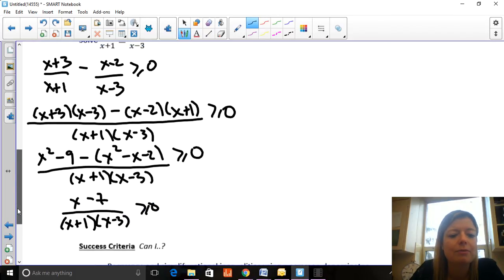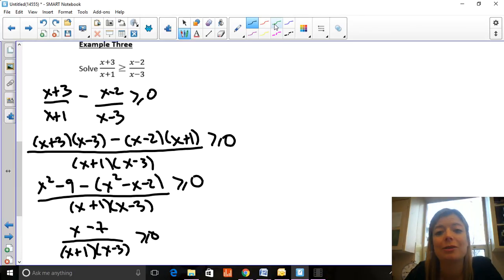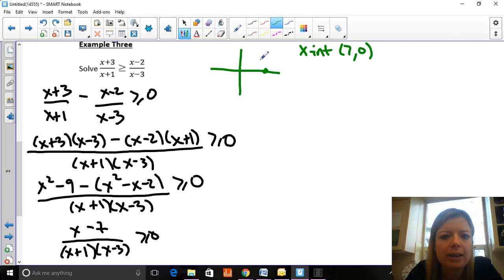So now I've got to do my really awesome sketch, which I know you guys just love when I sketch things. So I have a 0 at 7, and I have a vertical asymptote at -1 and at 3.